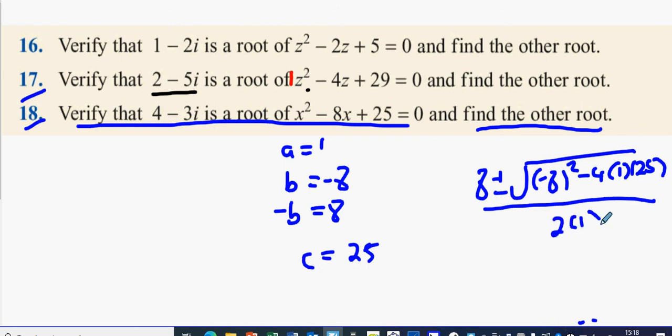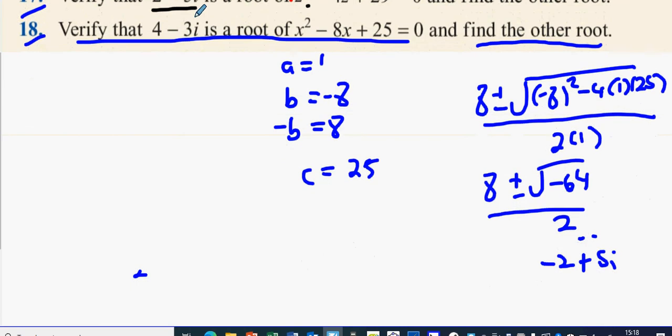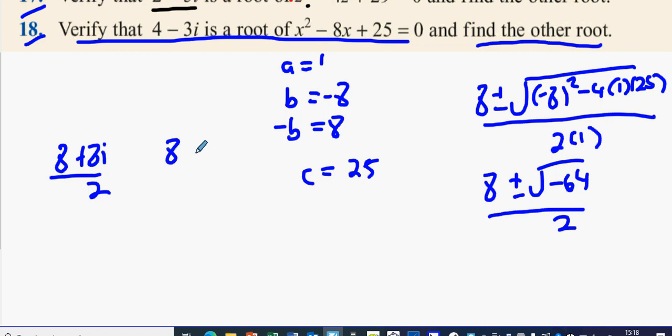2 times 1. Did anybody get 8 plus or minus the square root of minus 64? Yes. What's the square root of minus 64? 8i. Whoa.